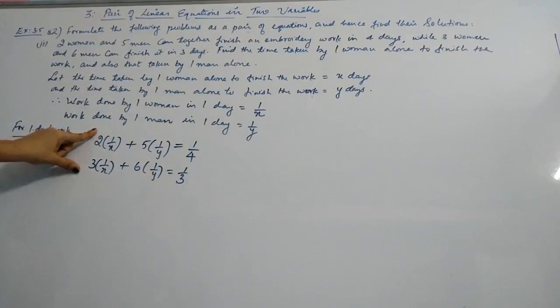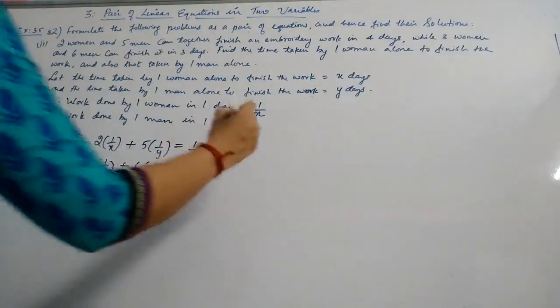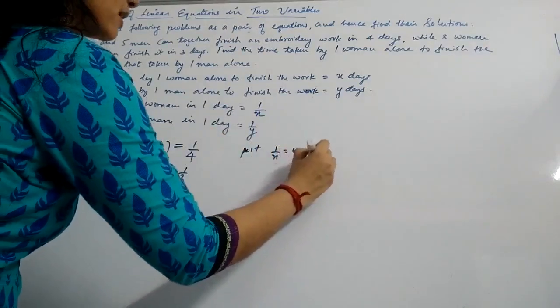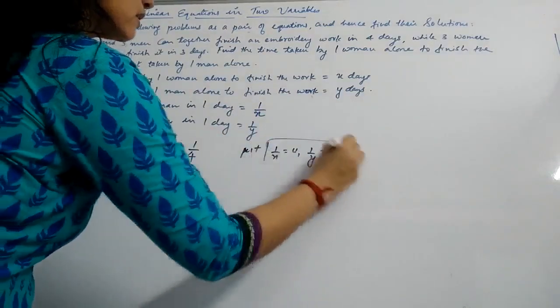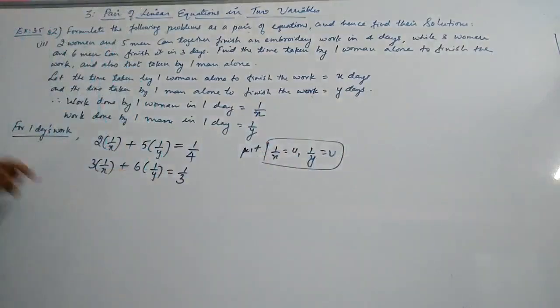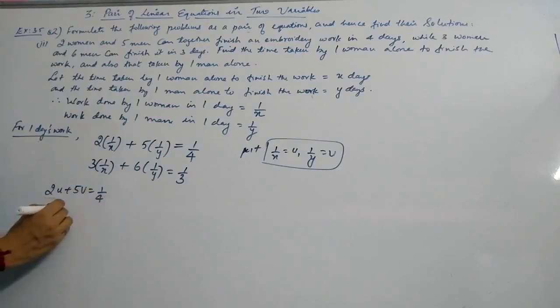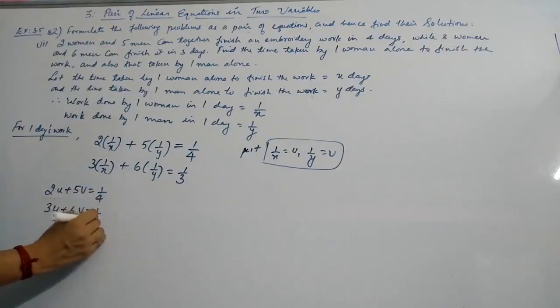Now what you need to do is you have to just replace your 1 by x and 1 by y with some variable in order to make it in linear form. So putting 1 by x as u and 1 by y as v, the equations becomes 2u plus 5v is equal to 1 by 4 and 3u plus 6v is equal to 1 by 3.